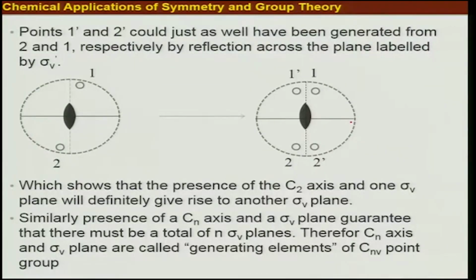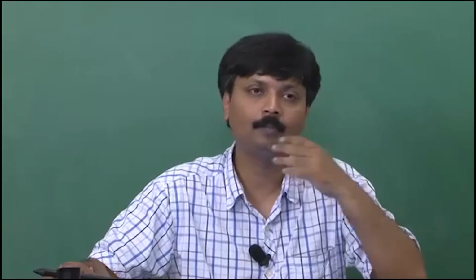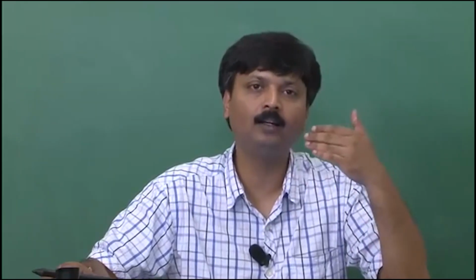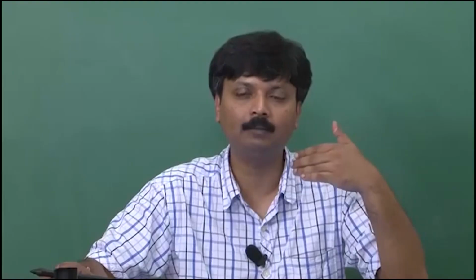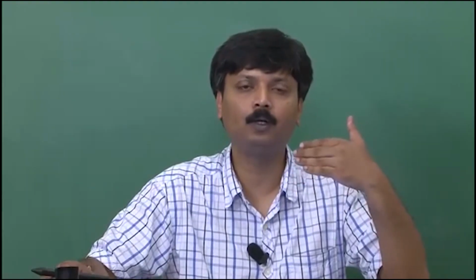No matter what, this is true. If you have 1 C2 axis and 1 sigma v plane, there will be another sigma v plane. Similarly, the presence of a Cn axis and a sigma v plane guarantees that there must be a total of n sigma v planes. We have already learned that while forming the point group. We had gone through the various steps, right? If you remember, steps 1, 2, 3, 4, 5.